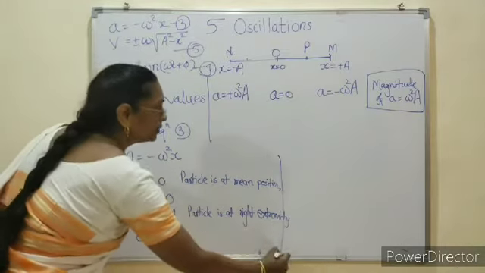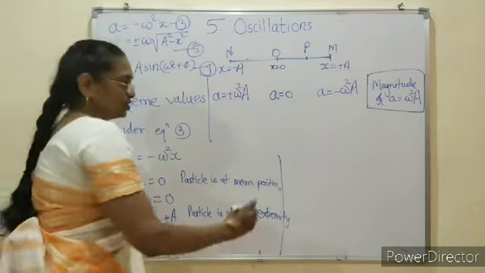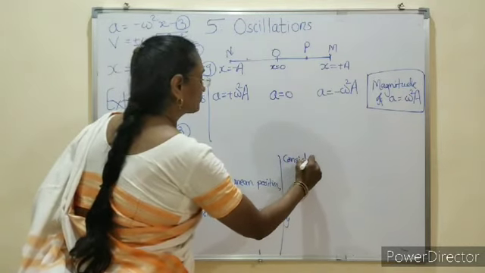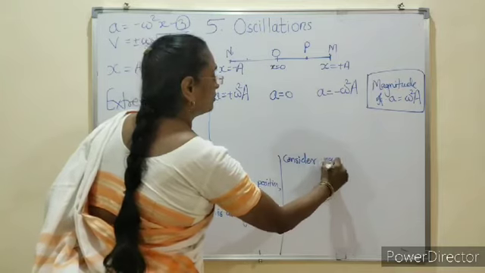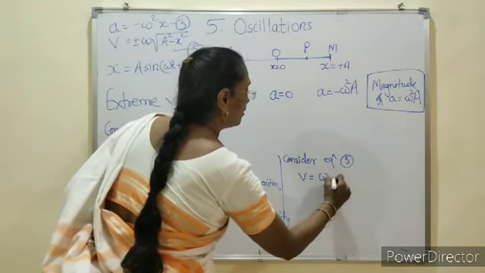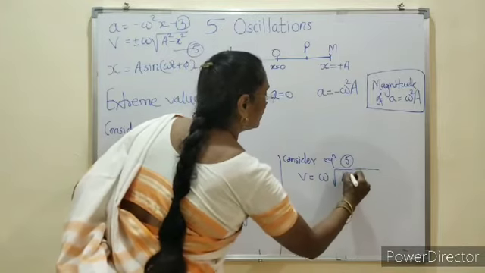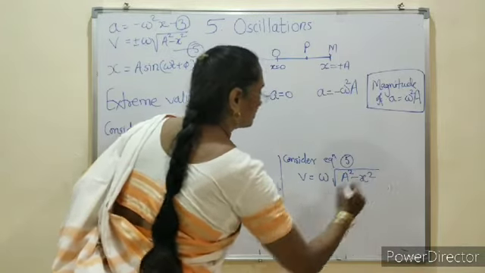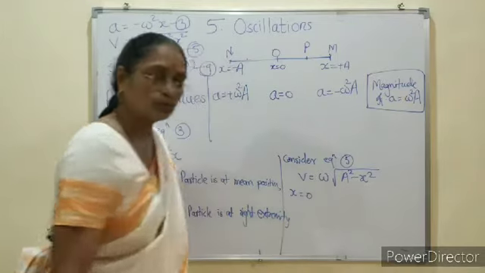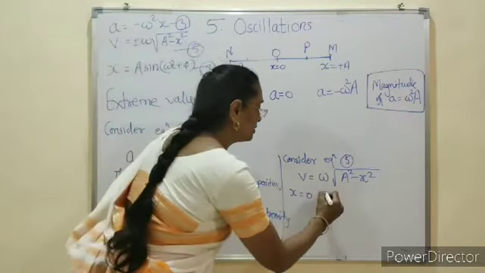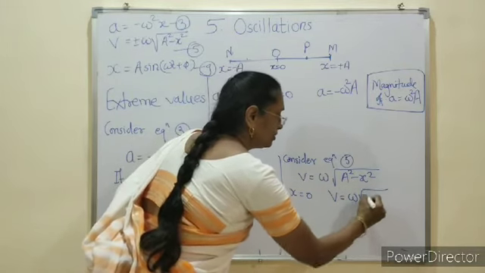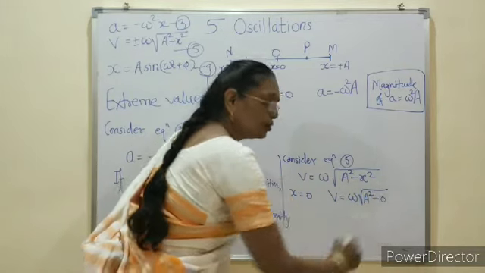Now we calculate values for velocities. So we consider equation 5: V is equal to omega under root A square minus x square. When x is equal to 0, the particle is at mean position, then V is equal to omega under root A square minus 0.